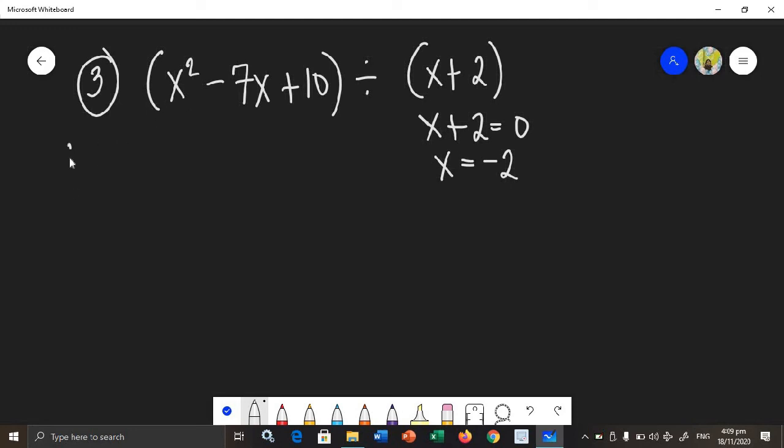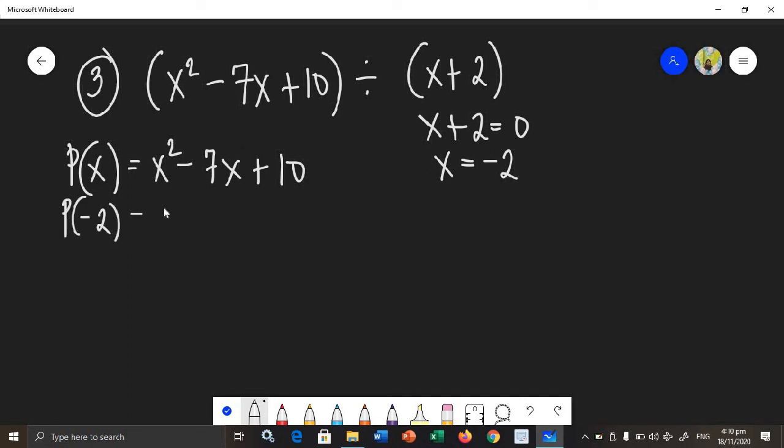And then rewrite the given just like this, okay? And then the value of your x, or the value of your c, you need to substitute that to all the x's here in the given. So we have p quantity negative 2 equals negative 2 squared minus 7 times quantity negative 2 plus 10.